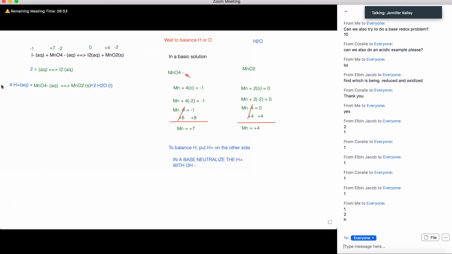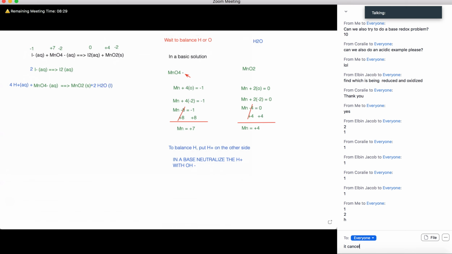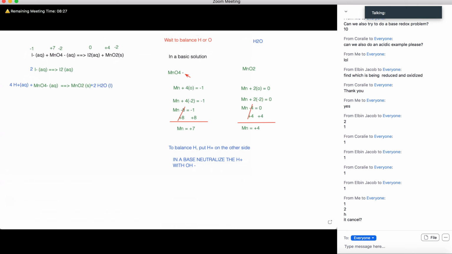So how many OH minus would I add to neutralize 4 hydrogen? So if I have 1 acid and 1 base, what happens? They'll cancel. They'll neutralize each other, correct?